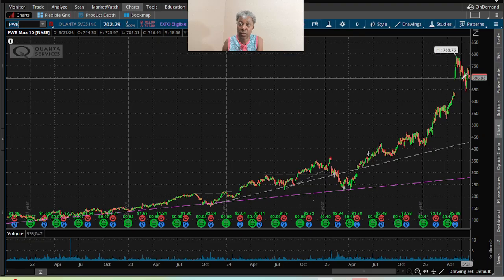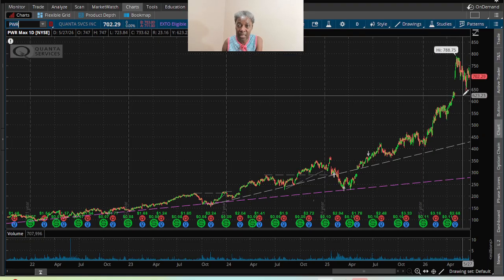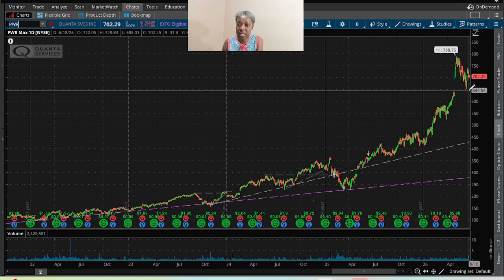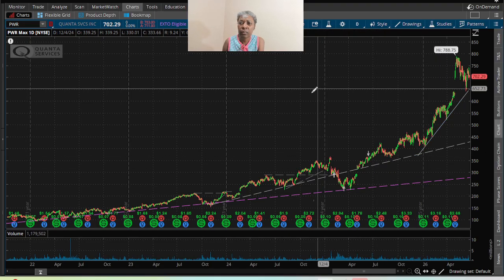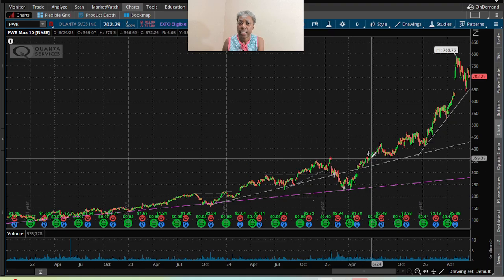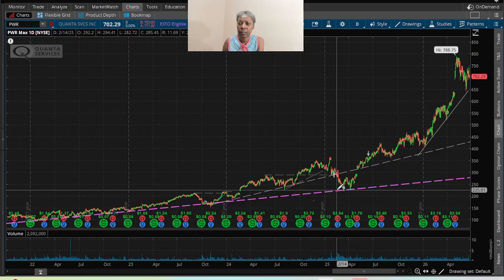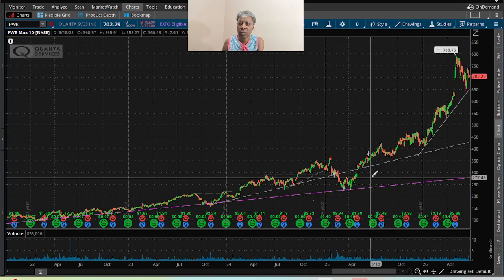So I don't know if it's done going up, or if it's going to continue going up after it rests a little bit, because we could easily trace a support line here. In fact, we should be able to trace it like this.